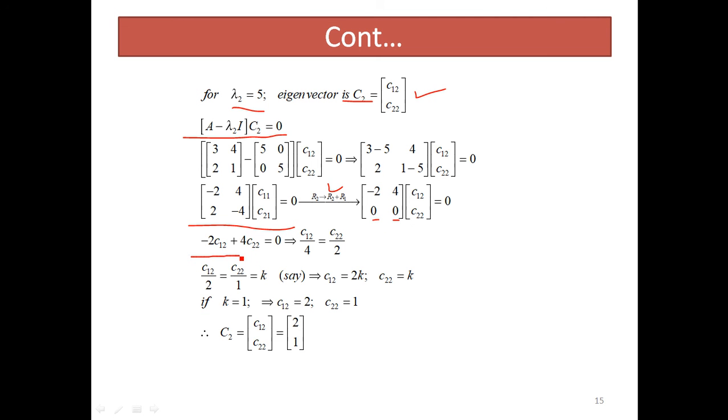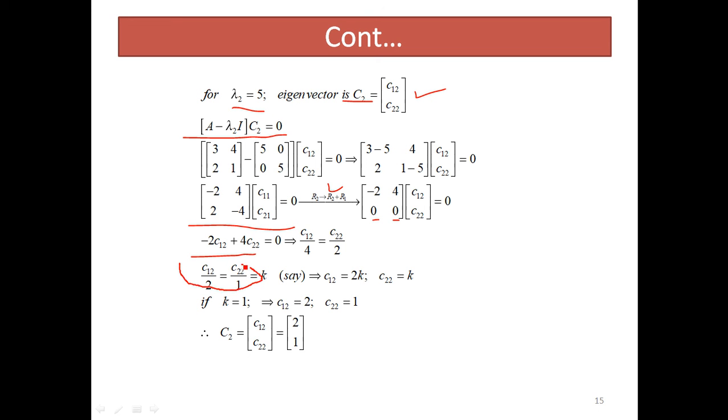Write your expression: minus 2 C12 plus 4 C22 equal to 0, or on simplification C12 over 4 equal to C22 over 2. 2 is common, so C12 over 2 equal to C22 over 1.